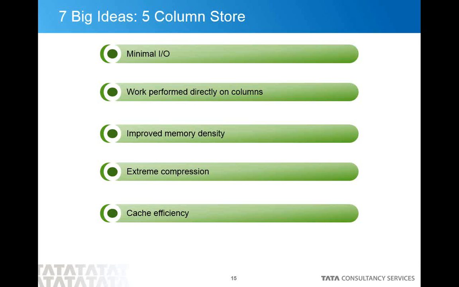In the case of a traditional database, we used to retrieve the entire row, that is, all the set of columns. But here in the case of columnar store, we are only bringing into memory the pages that are mentioned in the query, or that satisfy the query.